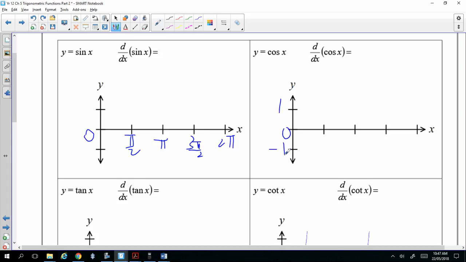So we're on page 25 now. Alright, do this. And the sine graph is going upwards, like that.